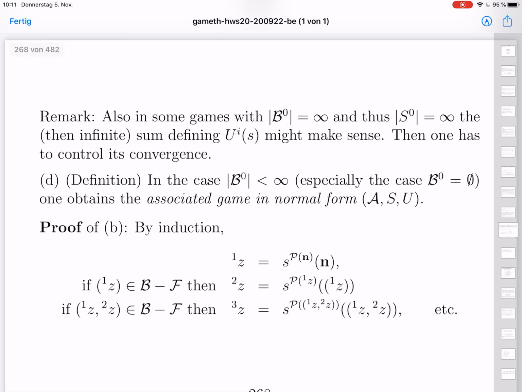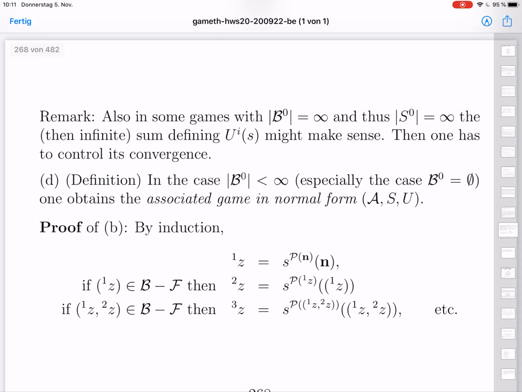It is defined essentially as before in 5.9: a pure strategy of player i, who may be player nature or some person player, is a map which associates to each play where player i has to do the next move, a possible move. So I want that the move is possible.